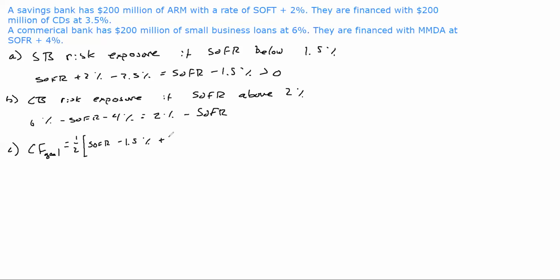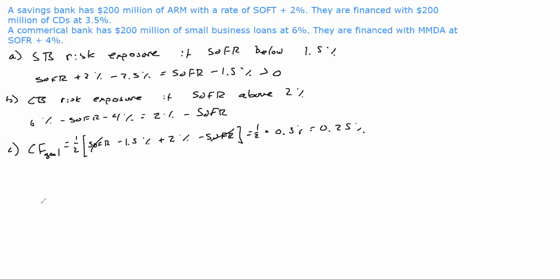And for the commercial bank, plus what they have, which is 2% minus, again, overnight financing rate. Overnight financing rate cancels out as it should. And this leaves us one half of 0.5%, which is 0.25%. So now the cash flow goal, what they're going to lock in, is going to be 0.25% on $200 million.